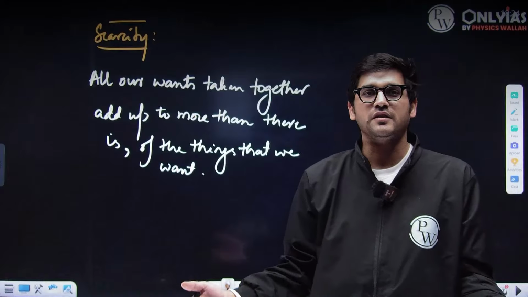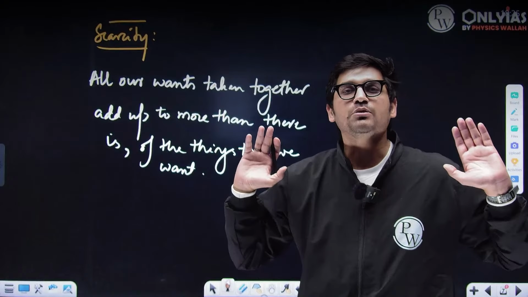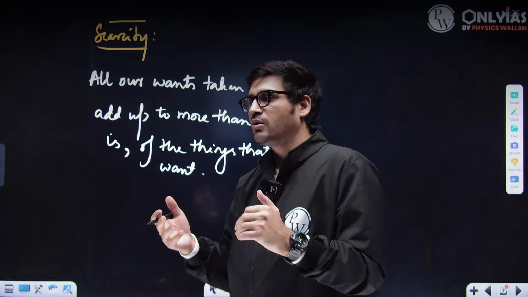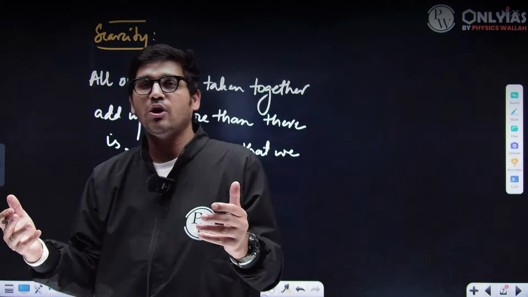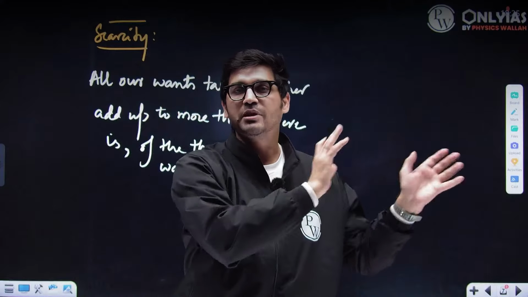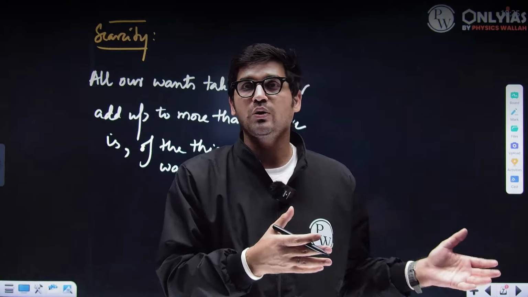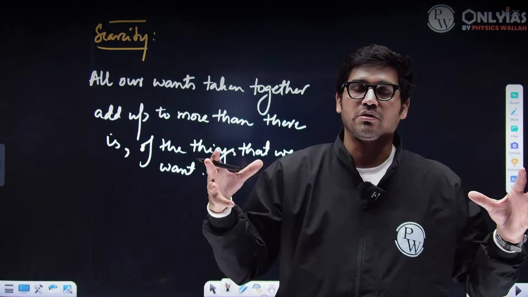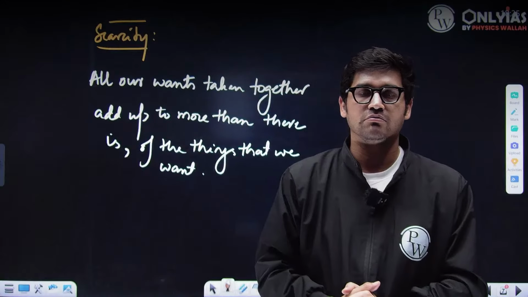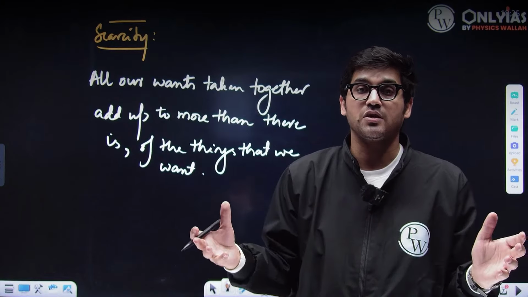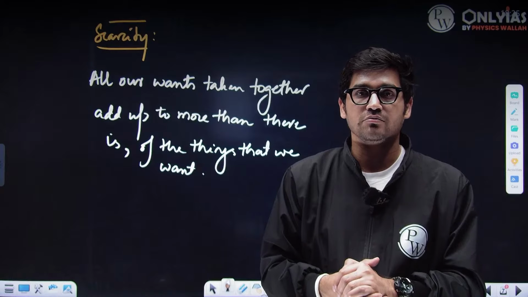Scarcity simply means that if we add up the wants of everyone, let us talk about everyone thinking about owning a house by the beach. If I ask you how many of us would want to have a house by the beach side, I don't think anyone amongst us would say, you know what, I don't want a beach house.